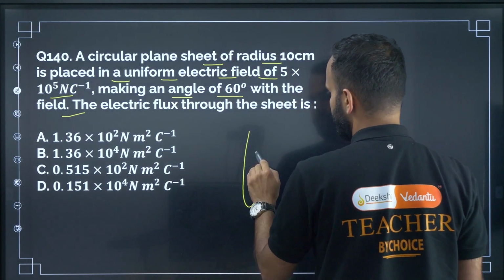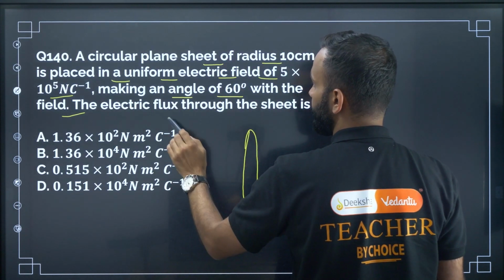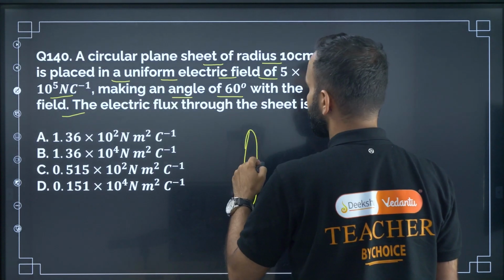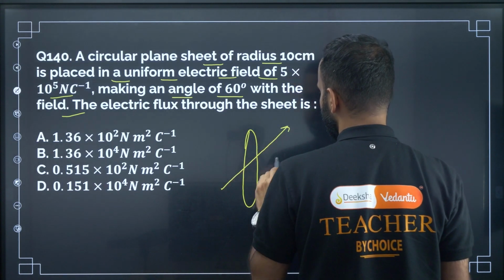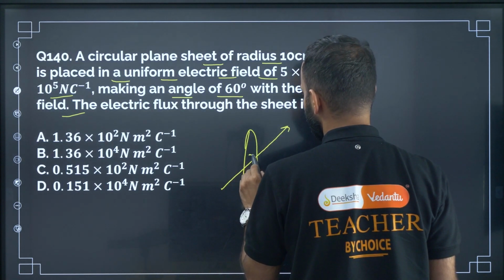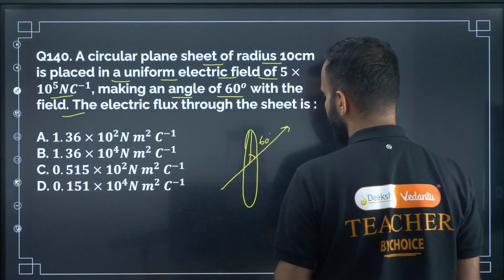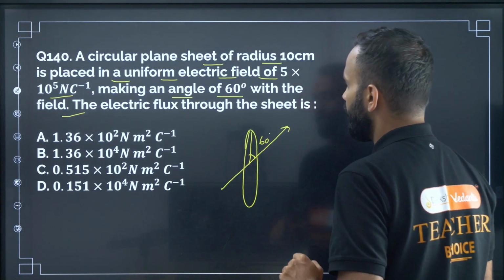Here the value of electric field is given. So the plane sheet is making an angle 60 degree with the electric field.